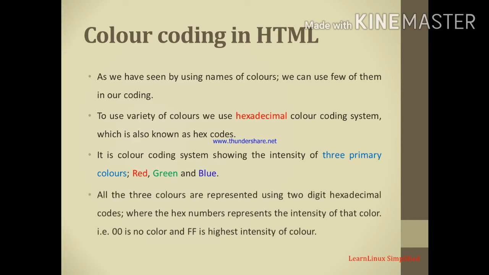Means 2 digits for red, 2 digits for green and 2 digits for blue. That means we can have a 6-digit color code for any attribute. That is 00 is no color and FF is the highest intensity of color.